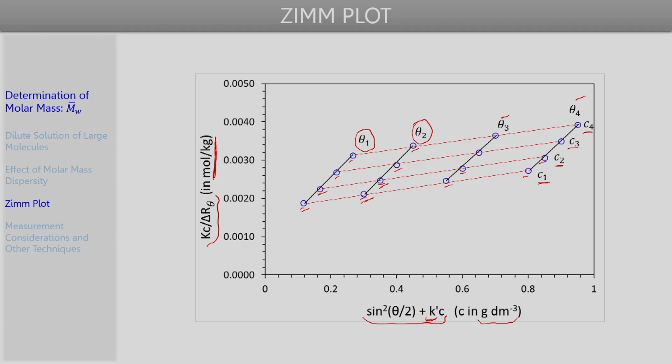So next what we need to do is extrapolate these points to the limit where theta becomes equal to 0, as well as to the limit where C, the concentration, becomes equal to 0.